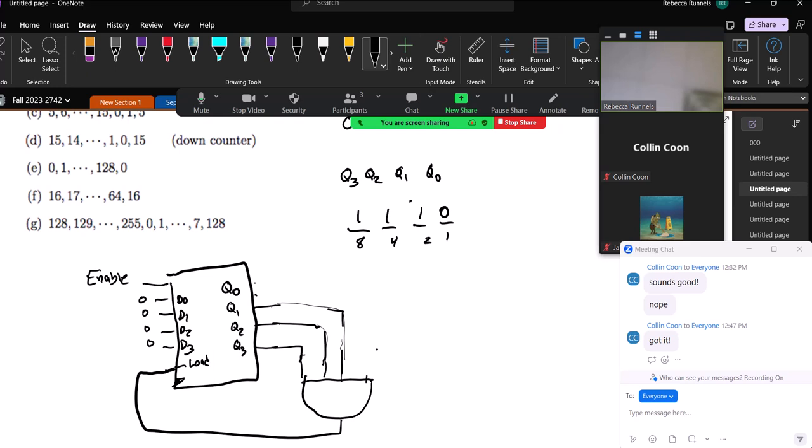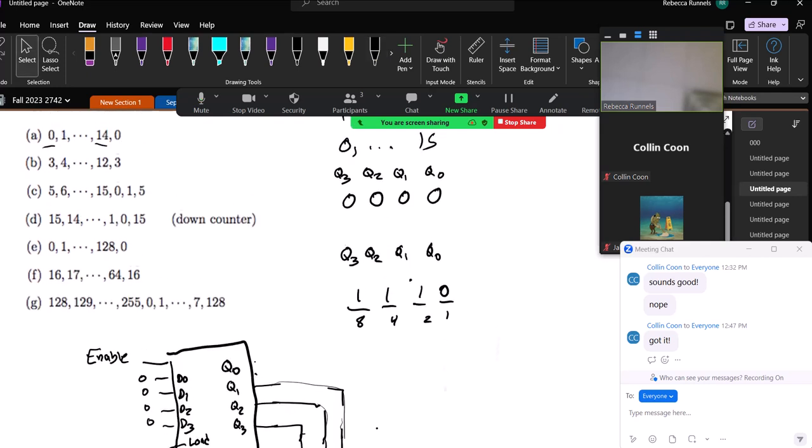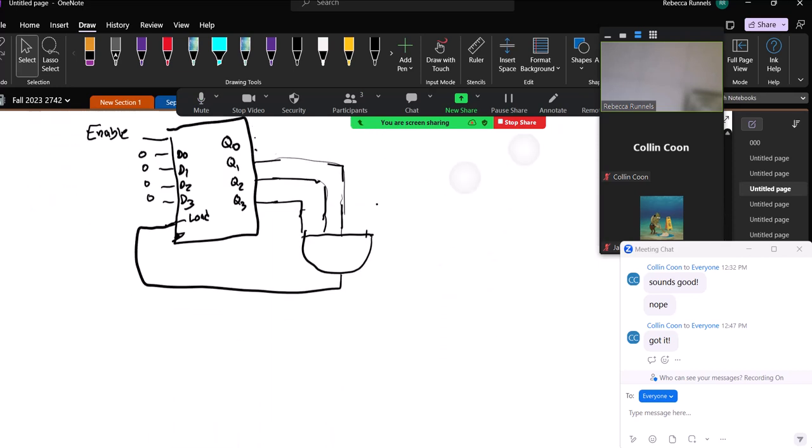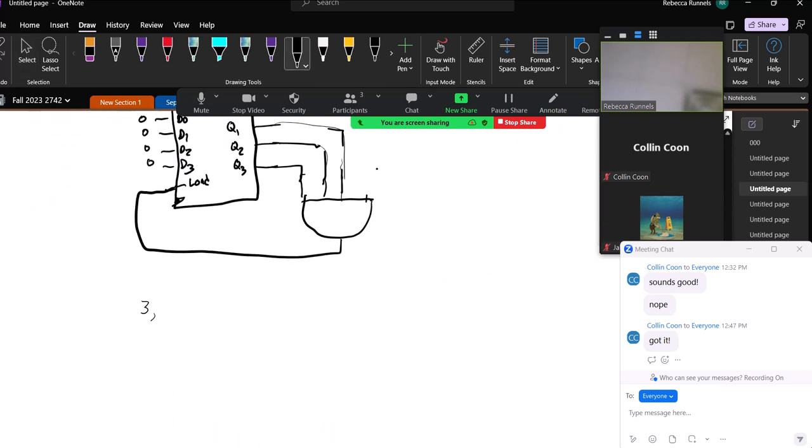Okay, and then the next one was 3, 4, up to 12, and then back to 3. Okay, so 3 looks like 0, 0, 1, 1, and 12 looks like 1, 1, 0, 0.